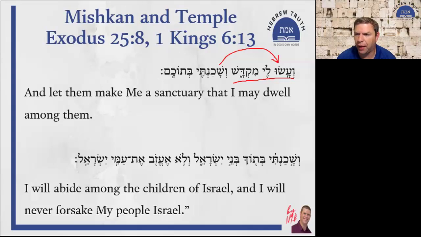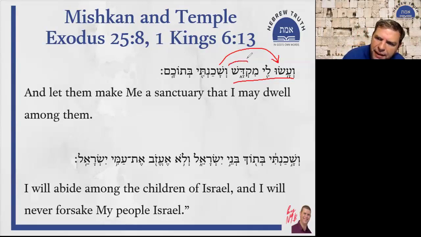So, Ve-asu mikdash, let them make me a mikdash, a sanctuary. Ve-shakhanti betocham, that would be the result or the purpose of the making of the Mishkan. Okay?